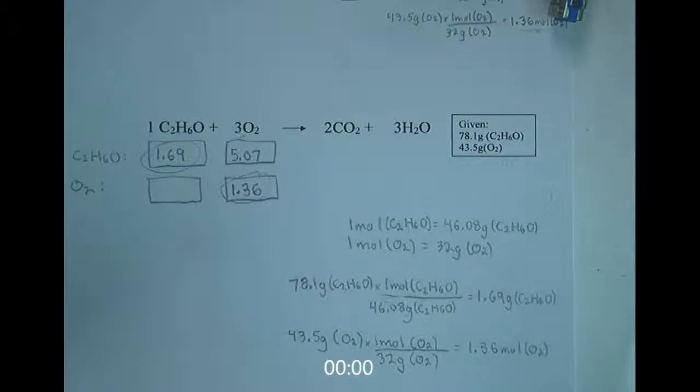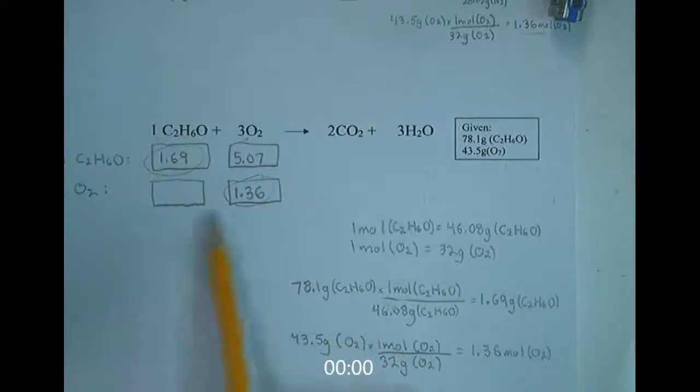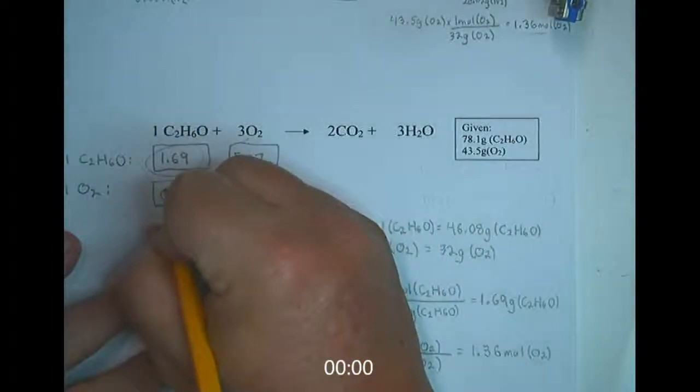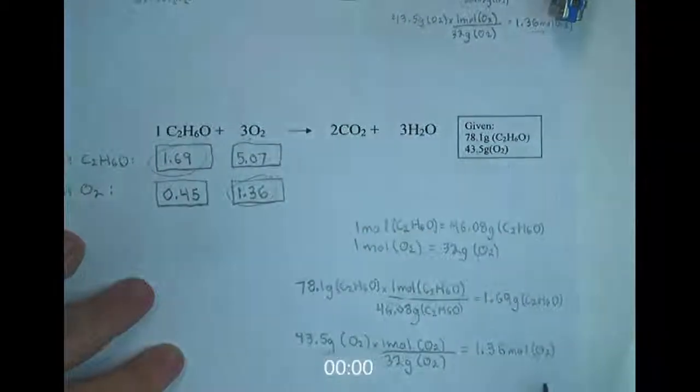That looks good. Okay, and then again, it's a 3-to-1 ratio in the other direction, 3 of oxygen for 1 of ethanol, so you have 1.36. And so we're going to divide that by 3, and that's 0.45. With some change left over, that's okay. We'll go with 0.45. Okay, so there we are.